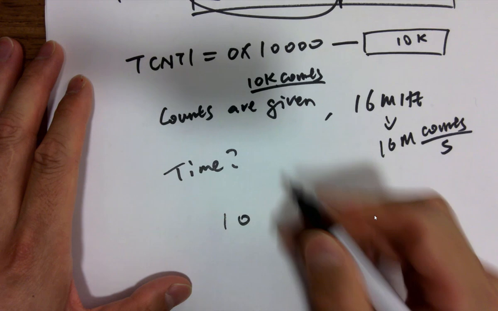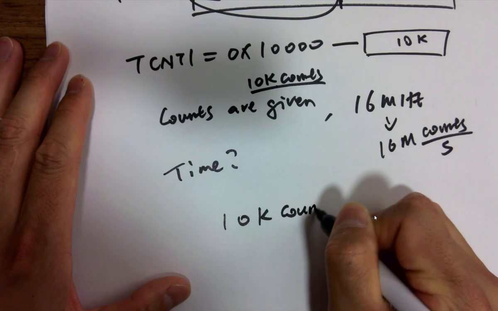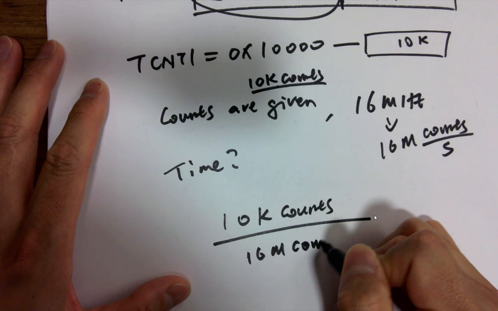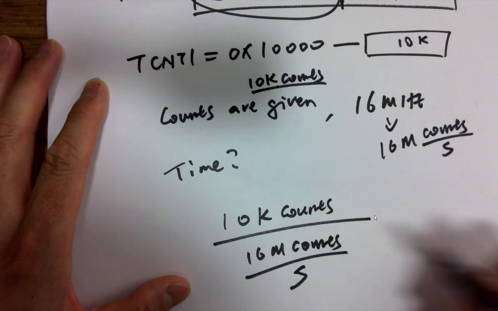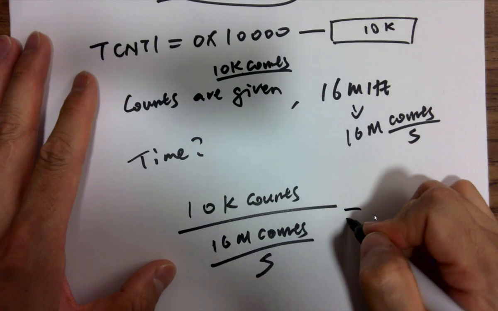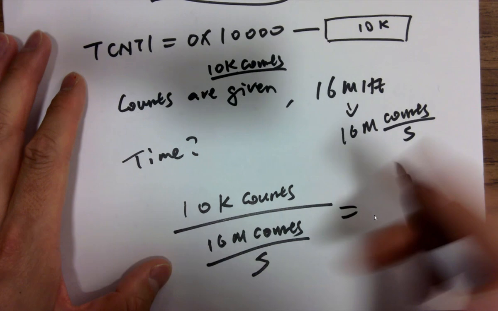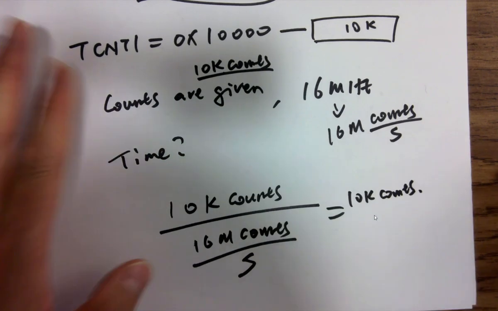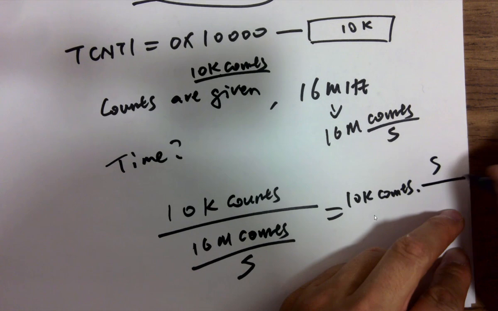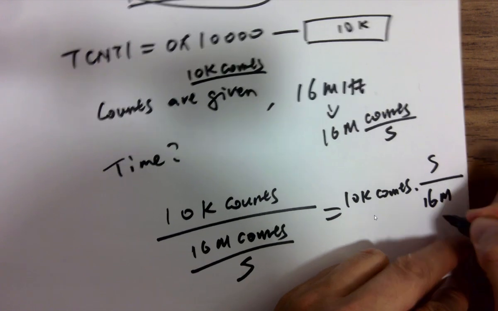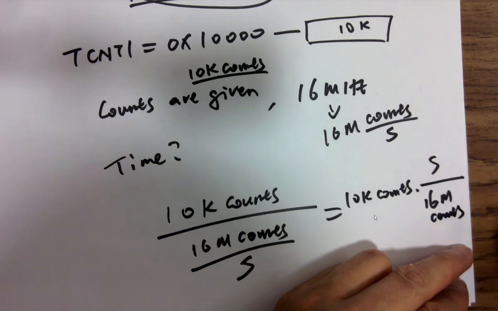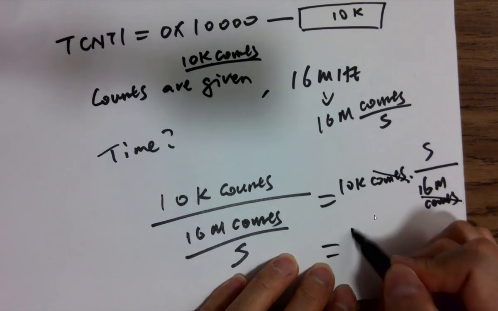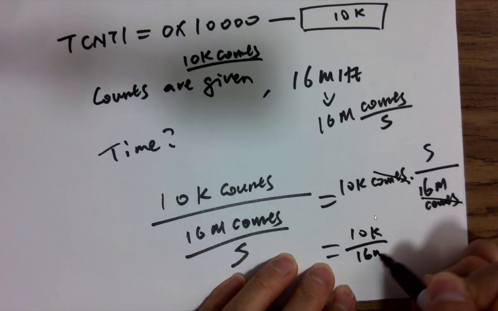It's 10K counts divided by 16 mega counts per second. Okay? Division. So you are getting 10K counts times seconds over 16 mega counts. The counts get cancelled, right? So eventually you are getting 10K over 16 mega seconds.